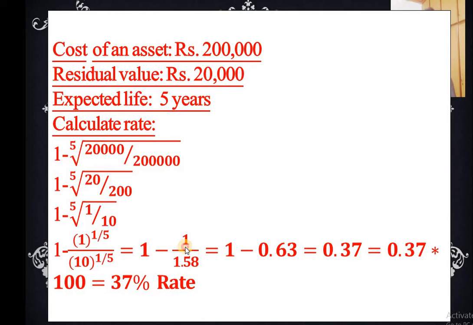After that we divide 1 by 1.58 and we receive 0.63. Then 1 minus 0.63 gives us 0.37, and after that 0.37 multiplied by 100, at the end we obtain a 37% rate. So this is the process of how to calculate the rate for the reducing balance method.